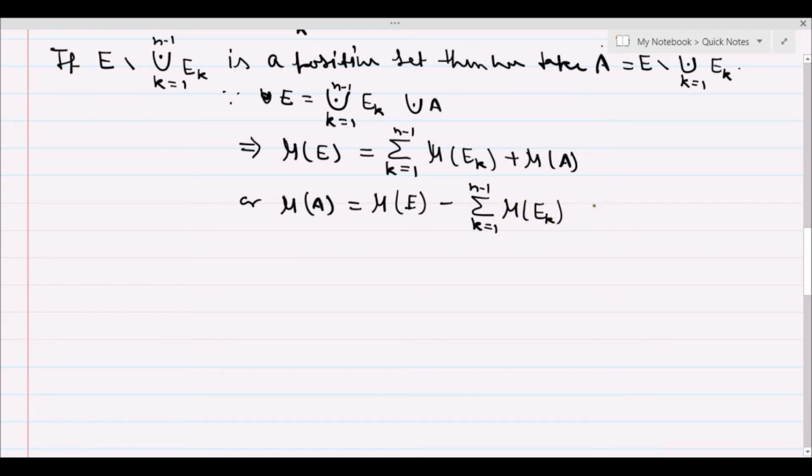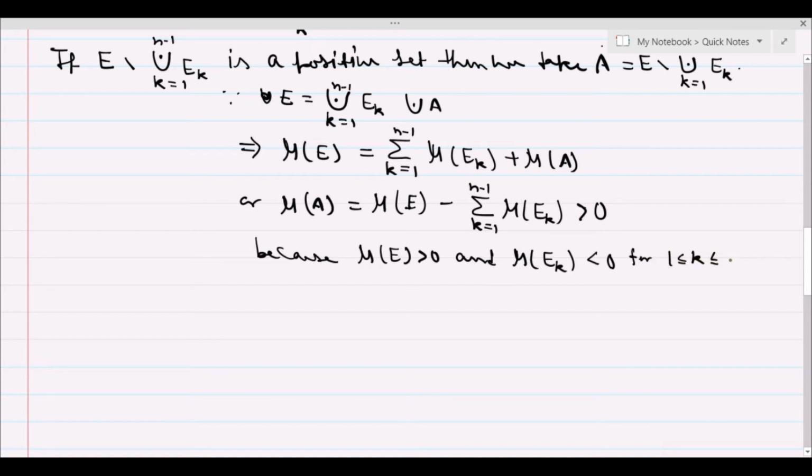Then this value is again greater than 0 because mu of E is greater than 0 and mu of Ek is less than 0 for k greater than or equal to 1 and less than or equal to n minus 1. So in this case the theorem follows.